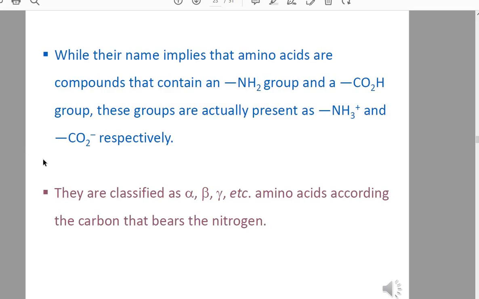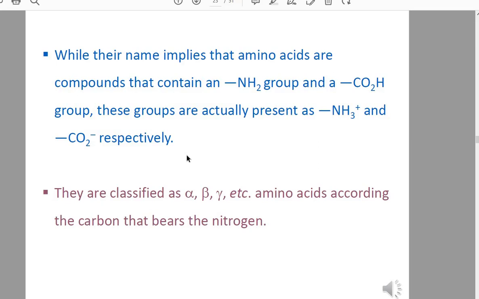All amino acids in our body, like we said before, are alpha, L amino acids. And we said that the alpha carbon is the carbon next to the carboxylic group, and we count the carbon atoms after the carboxylic group. There is alpha carbon, then beta, then gamma.